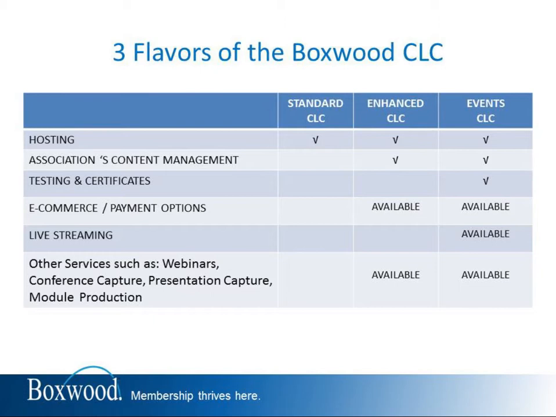The Enhanced Career Learning Center supports all types of content: presentations, videos, white papers, links, and much more. The Event Career Learning Center gives you the ability to record live streaming events, and also you can run your credentialing program online as well.